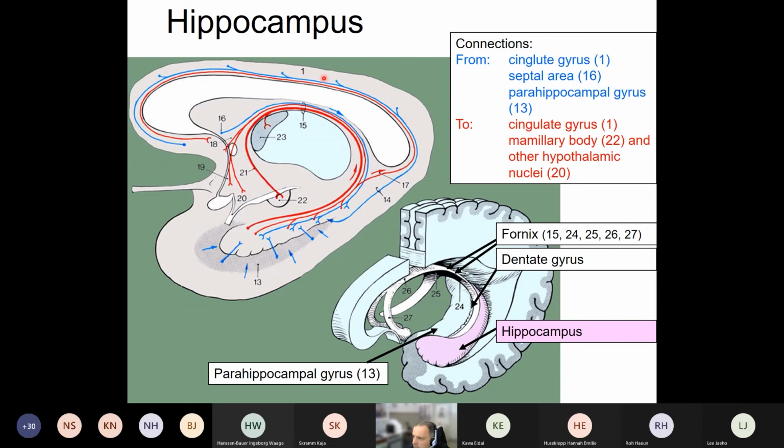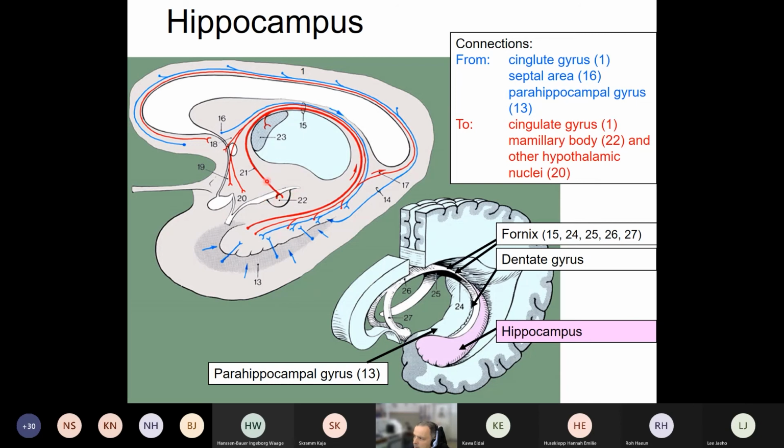So one can see here the cingulum, which arrives at the parahippocampal gyrus, and from the parahippocampal gyrus we go into the hippocampus. This is the perforant path, which I indicated in the last slide also. And then from here, we go through the fornix into the mammillary body.